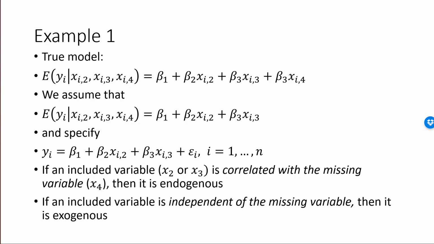However, in the case that I have an included variable that's independent of the missing one, then that variable will be exogenous. So it might very well be that, for example, x2 is exogenous while x3 is endogenous. But keep in mind, it's enough that one of the explanatory variables is endogenous to ruin OLS estimates for all parameters.